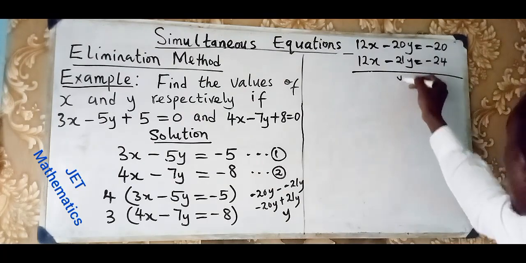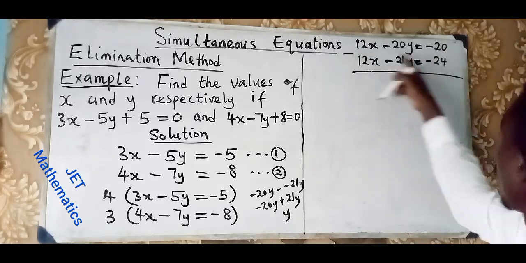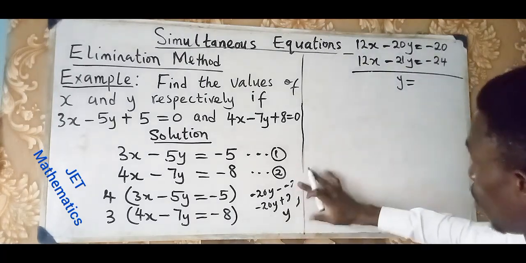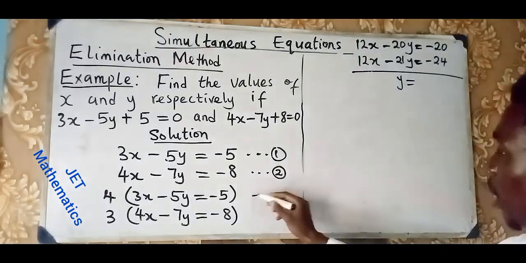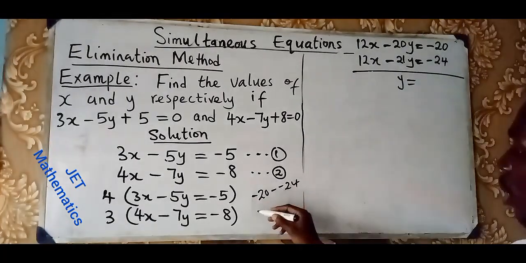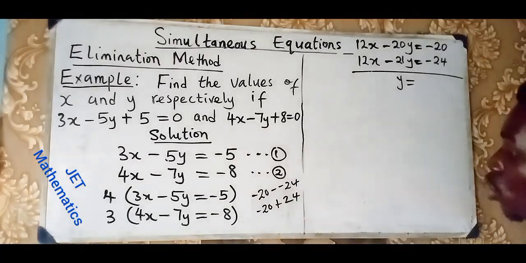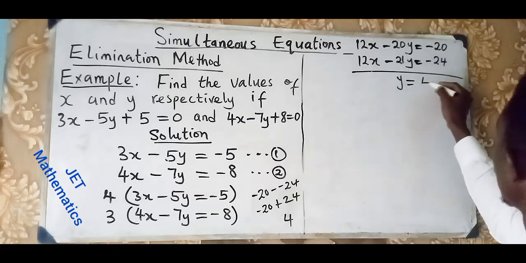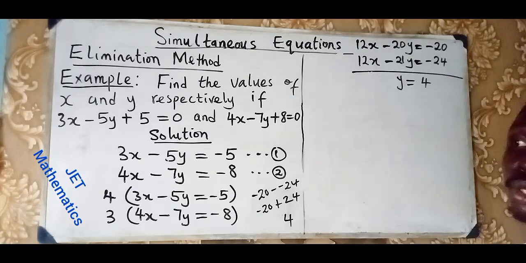So y equals minus 20 minus minus 24. The minus here becomes plus, so minus 20 plus 24 gives us 4. So very easy, we have that y is equal to 4.